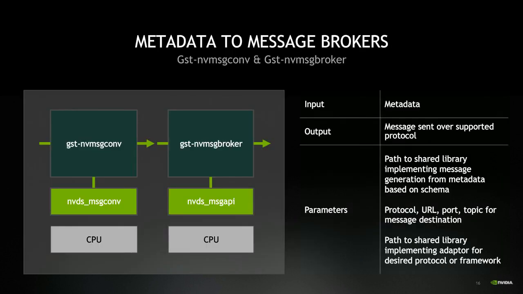The NV Message Converter and NV Message Broker plugins allow a perception graph to connect to an analytics server or cloud through the message bus. It takes the input metadata and creates messages that are sent over the supported protocol. The Message Converter plugin will parse the base metadata format and generate the schema.